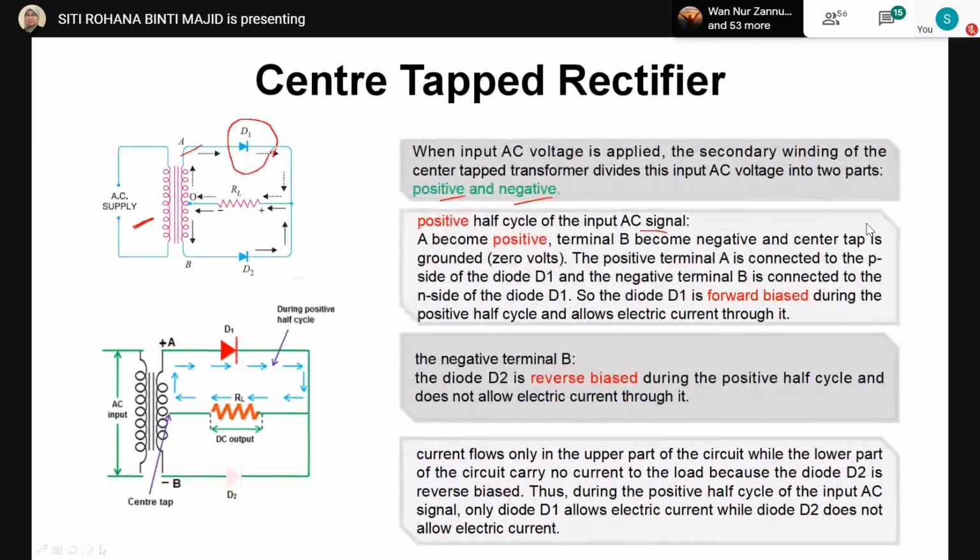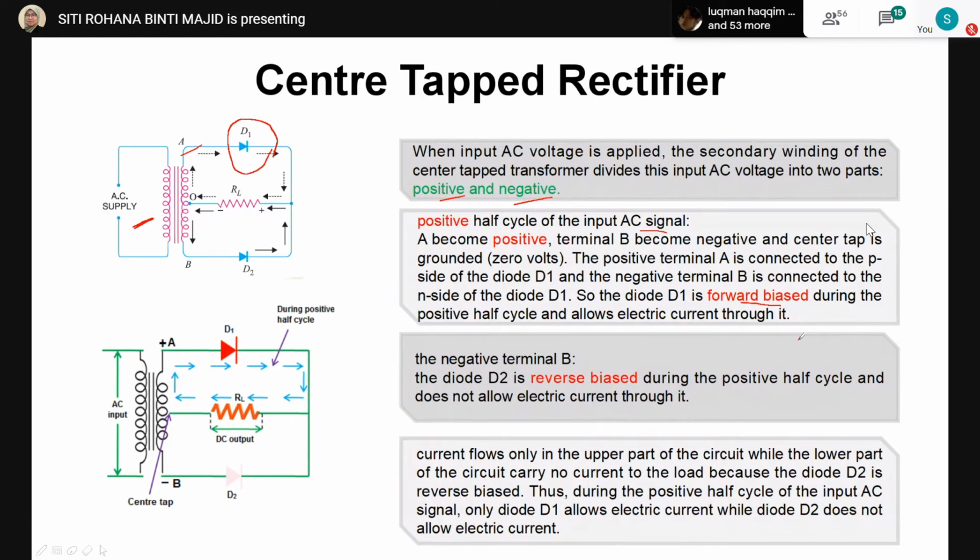Again, you have to refer to the connection of the power supply to the diode. It is very clear from here that the positive potential is attached to the positive side of D1, and for D2, the negative terminal B is connected to the N side of the diode. So D1 will act as forward bias during the positive half cycle, and when the diode is in forward bias, it permits the current to flow.